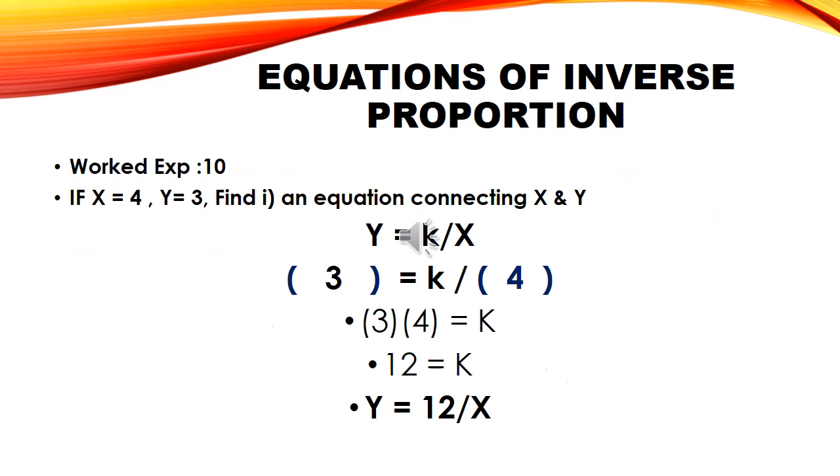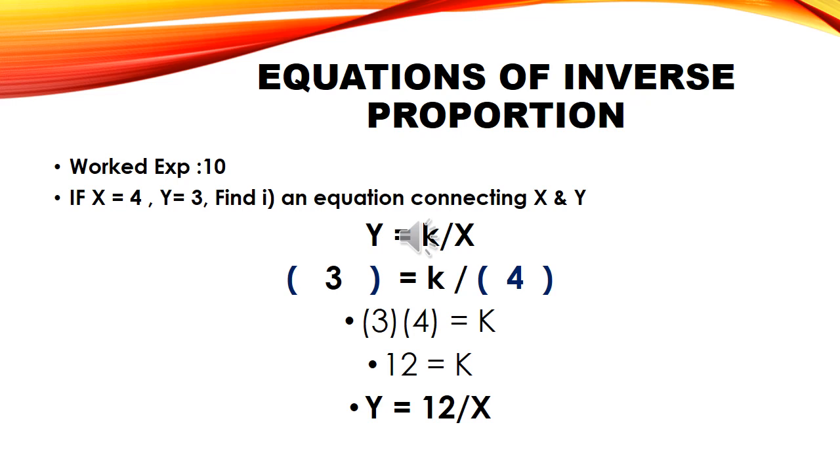Clear? Dear students, as all of you know, y is inversely proportional to x, and the equation we use to show their inverse relationship is y is equal to k by x, where k is a constant term. In worked example number 10, they gave us the value of x which is equal to 4 and the value of y which is equal to 3, and here we have to connect the value of x with the value of y.